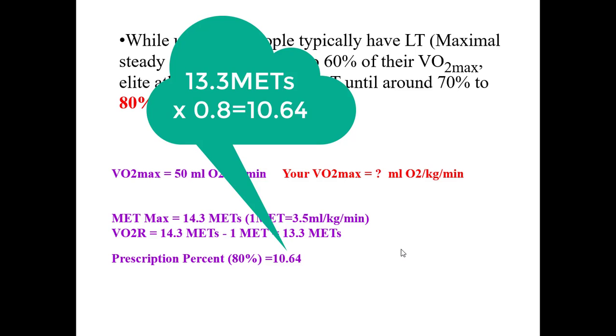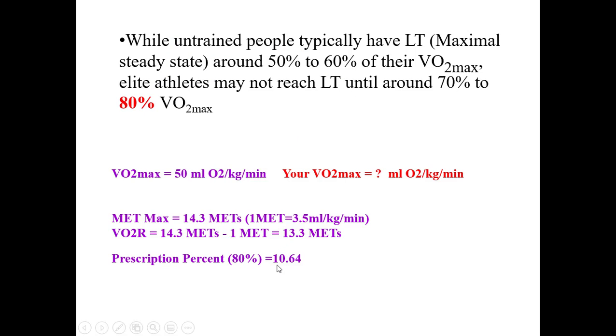Did you remember? I chose 80%, so please, every student use 80%. This exercise intensity should multiply the VO2 reserve, so VO2 reserve multiplied by 80%, meaning 0.8. In my case, it's 10.64. How about yours? How much is your MET? Does it make sense?